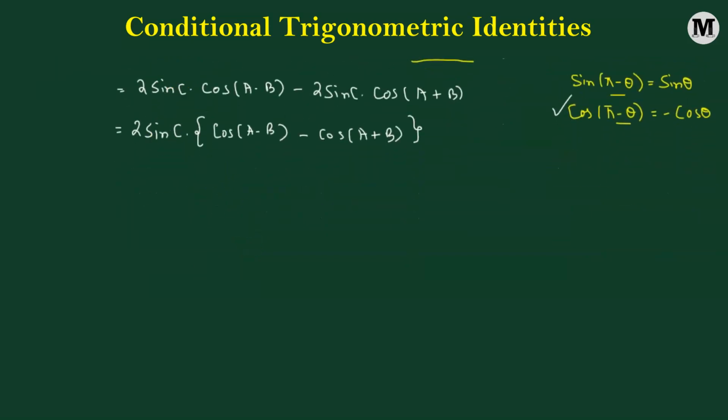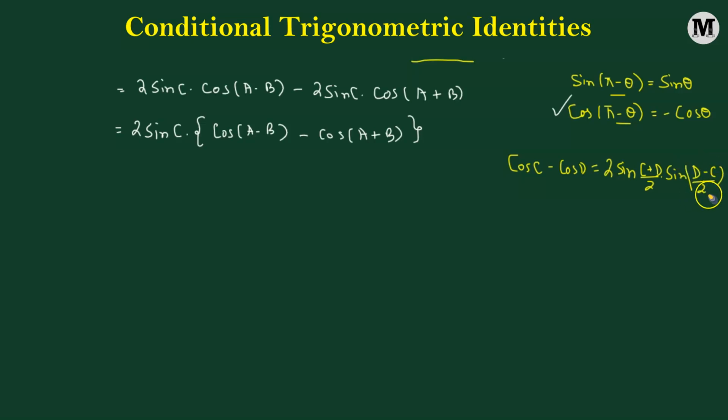There's a standard formula. Whenever we have the difference of two cosine functions, cosine of C minus cosine of D, the formula is 2 times sine of (C plus D) over 2 multiplied by sine of (D minus C) over 2.